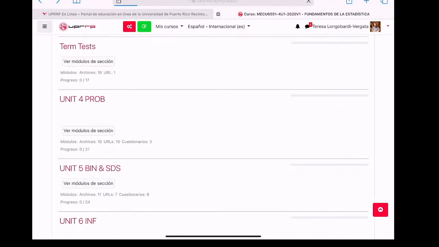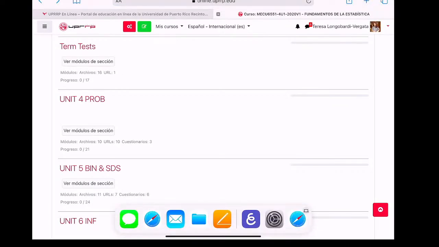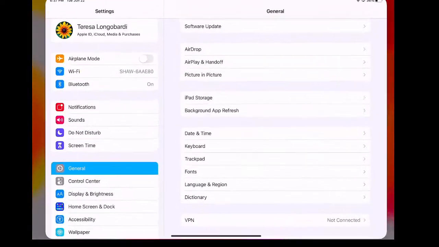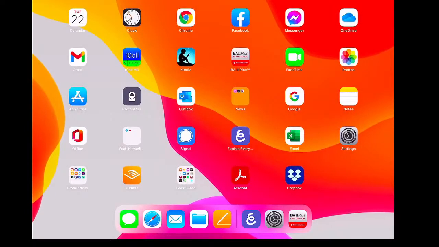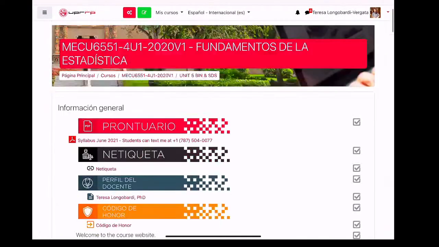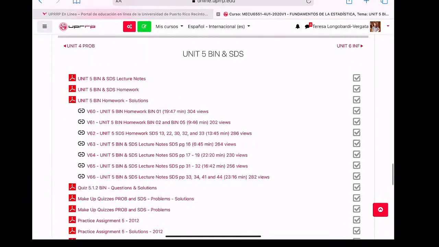Did I lose connection? I don't know why I have to scroll again, but okay, so here's bin, and here I have the solution.